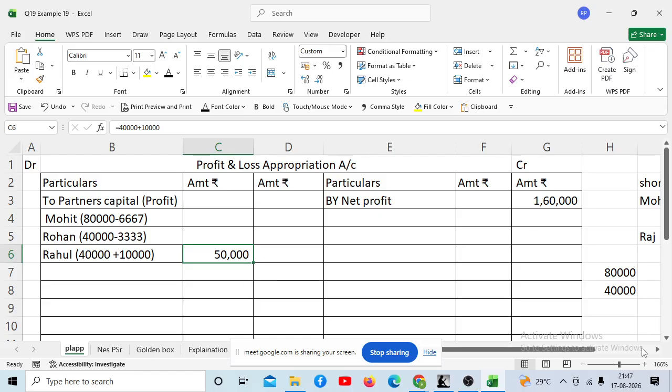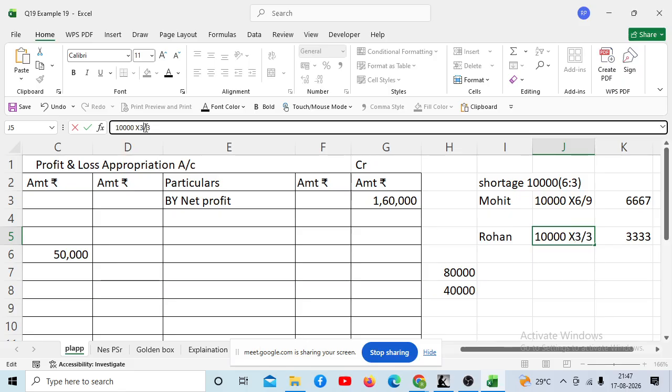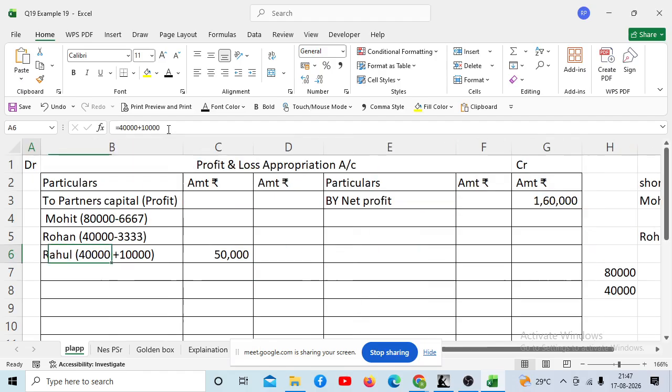So Rohan's share will be 10,000 into 3 upon 9. Yes, so the calculation is coming to 6,667 and 3,333. So that will be subtracted over here for these two people.